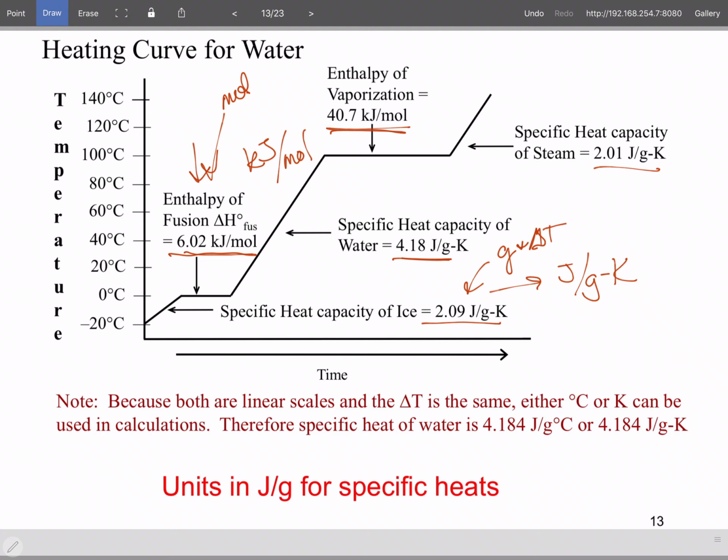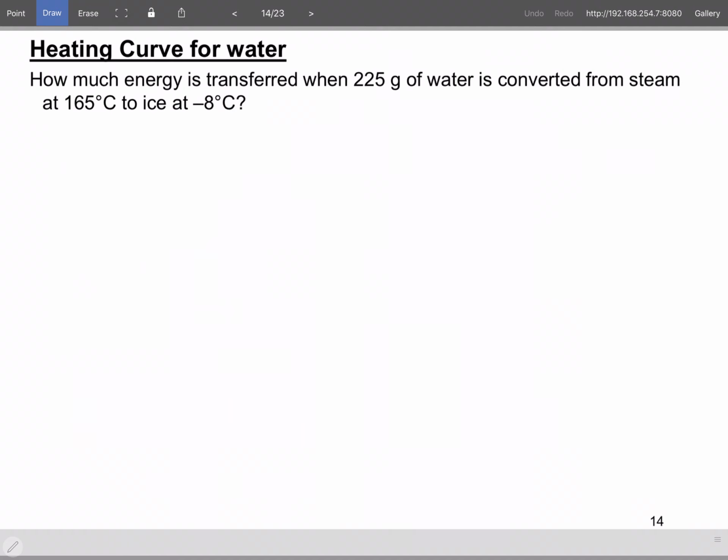And remember, it doesn't matter whether your temperature is in degrees C or Kelvin, because the difference will be the same. We're going to look at setting up a problem here. I'm not really concerned with you being able to work it. I'm mostly concerned about you being able to set it up.